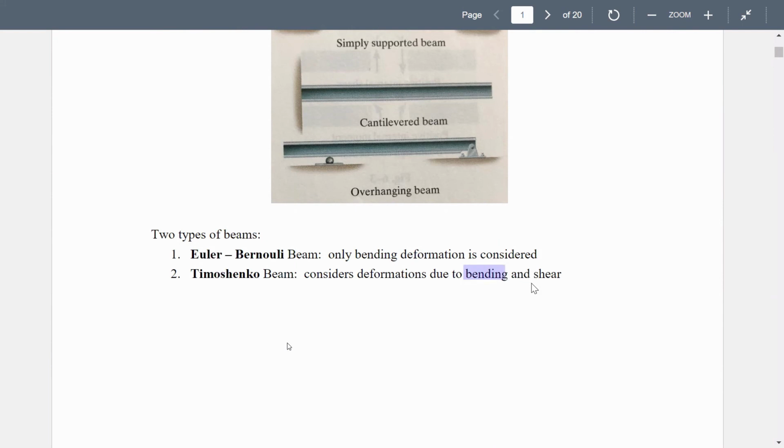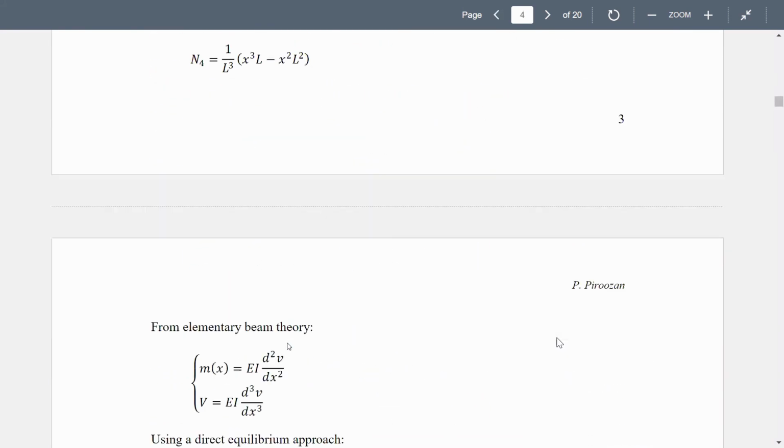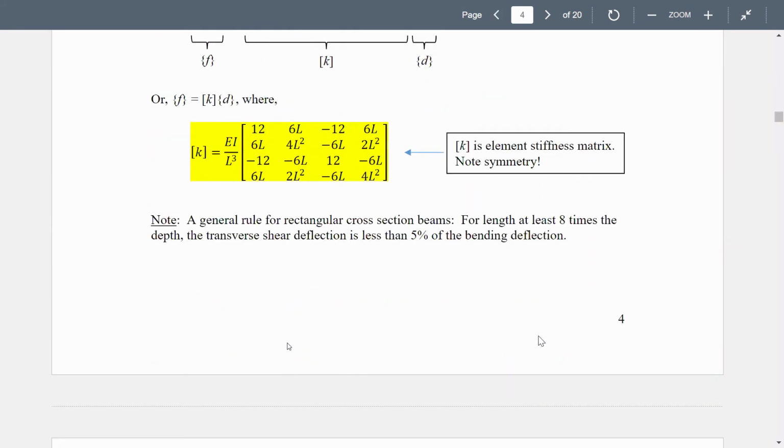If 3% or 5% is not a big deal, we can neglect it, make our life simpler, and not include the effect of shear. That's what this note is talking about. A general rule for rectangular cross-sections: for length at least 8 times the depth, transverse shear deflection is less than 5% of the bending deflection. So we can neglect the effect of transverse shear.